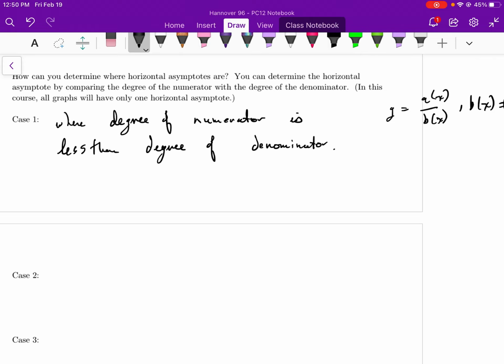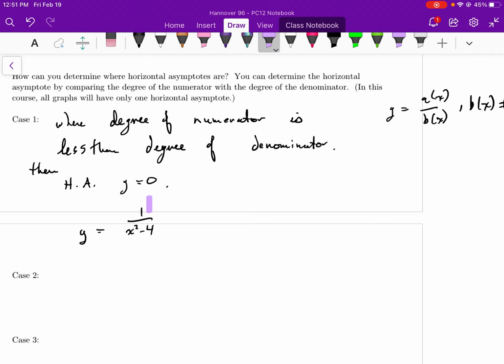Under this special condition, we are going to have a horizontal asymptote of y is equal to 0. So I'll give you a few examples of where this might be. y is equal to 1 over x squared minus 4.